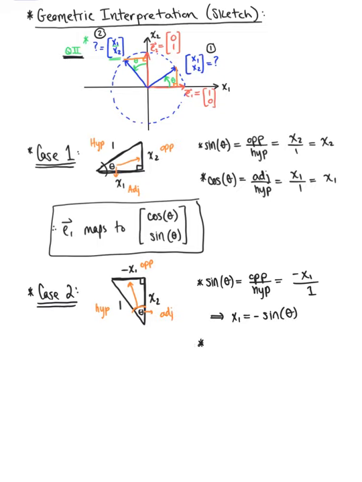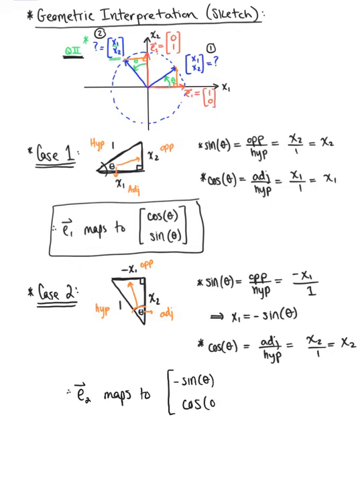And cosine of theta is equal to adjacent by hypotenuse. Our adjacent side length is x sub 2 by the hypotenuse of 1, which equals x sub 2. So the elementary vector e sub 2 maps to the vector with components x sub 1, x sub 2, where x sub 1 is minus sine of theta, because this is in quadrant 2, and x sub 2 is equal to cosine of theta.